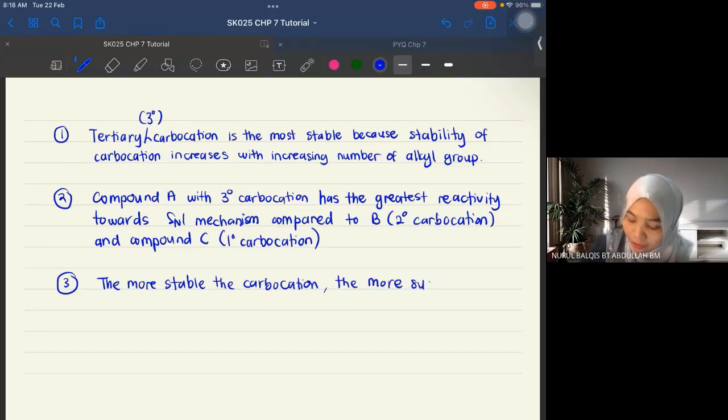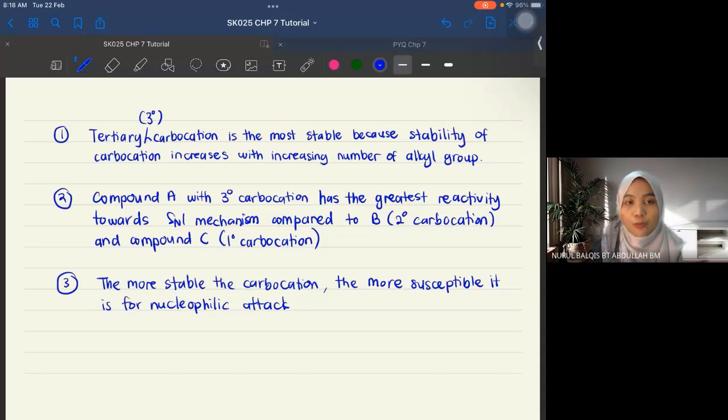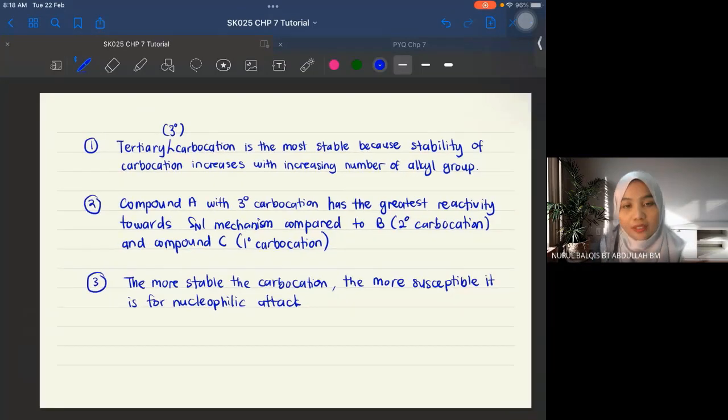Yakni term ni dia guna untuk bila kita nak kena attack lah. The more susceptible it is for nucleophilic attack, untuk nucleophile attack, sebab dia dah create that electrophilic site yang sangat yang macam nak terima electrons tu. Okay, so okay ke untuk explanation ni faham?